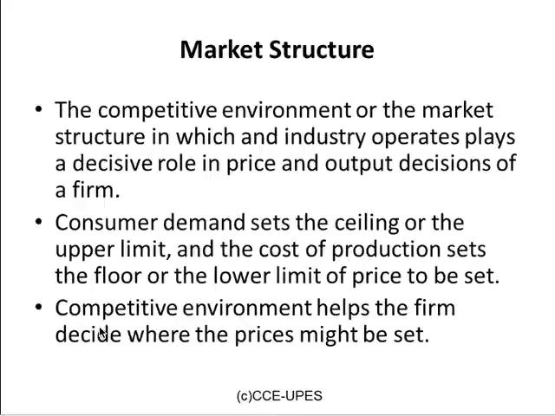The upper limit is set by the consumer demand. The lower limit is set by the production costs, and the competitive environment, which is the market structure, helps the firm decide where the price might be set.